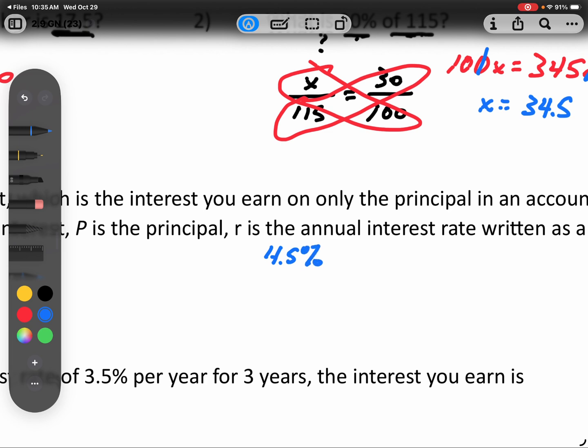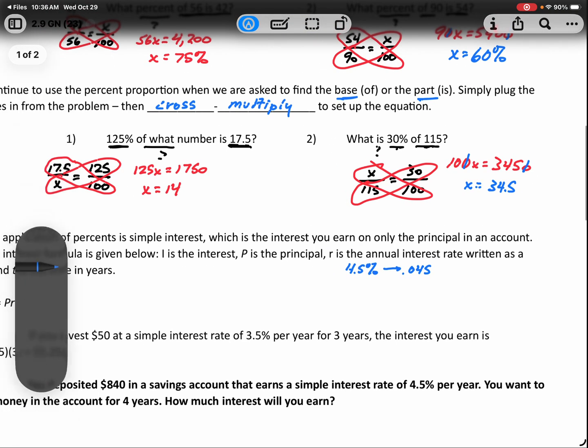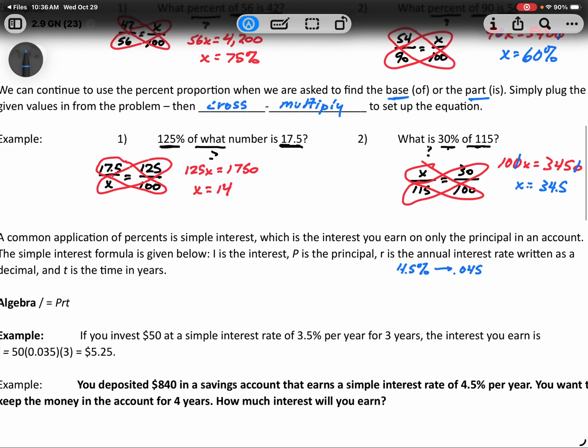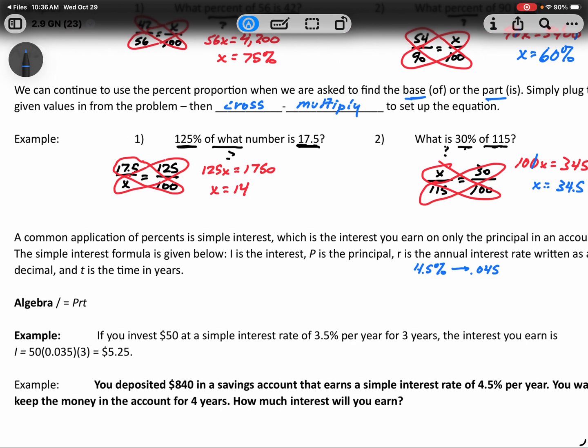But when we use it in a calculative sense, it's actually going to be inputted as 0.045. So remember, the decimal has got to shift 2 spots over from the left to the right to make this number usable. And so then in the end, the last part of it is T is the time in years. So how are we going to use this?